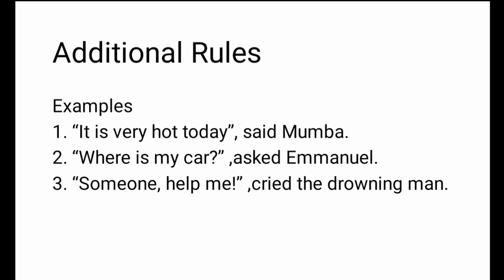Then what happens if the speech tag comes after the direct speech? We will still open with inverted commas before the first word of the direct speech. Then we will begin the direct speech with a capital letter, and then we will close with inverted commas after the last punctuation mark of the direct speech.